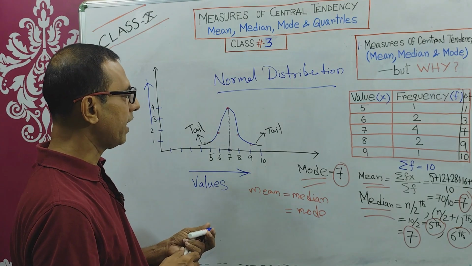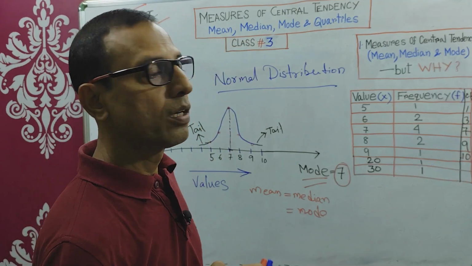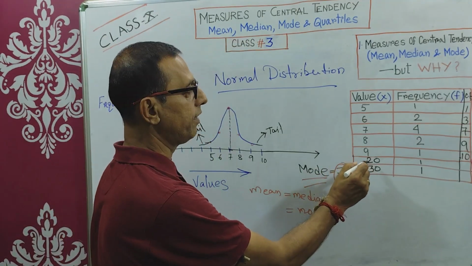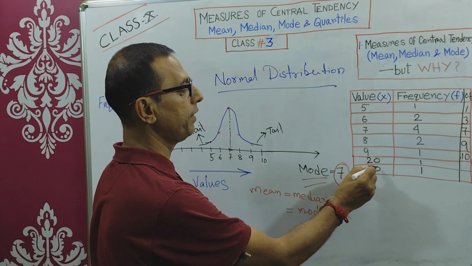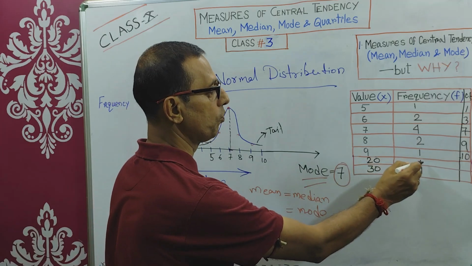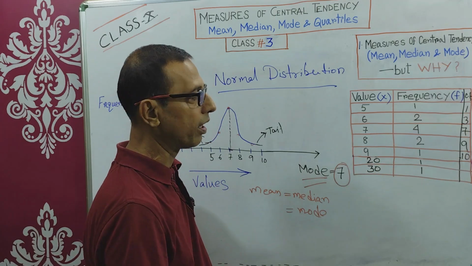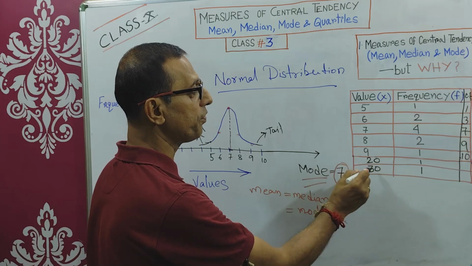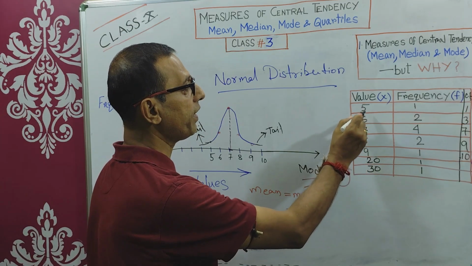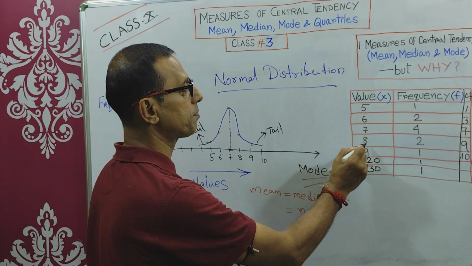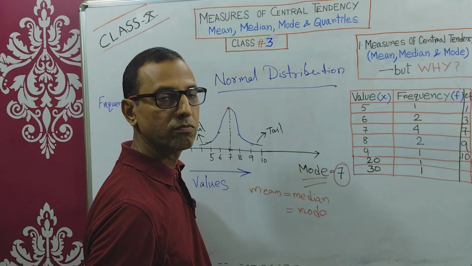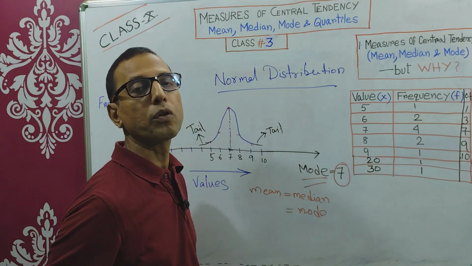Then I will tell you one more thing here. Now I have added two more observations, 20 with frequency 1 and 30 with frequency 1, but these two observation values are significantly higher with respect to the rest of the observations. So these are called outliers.